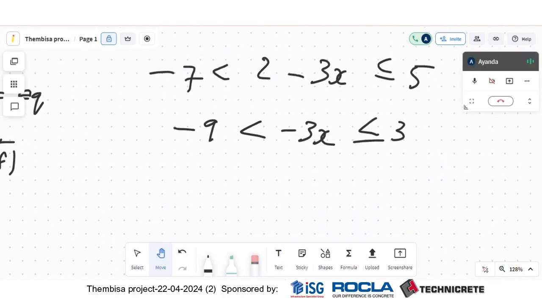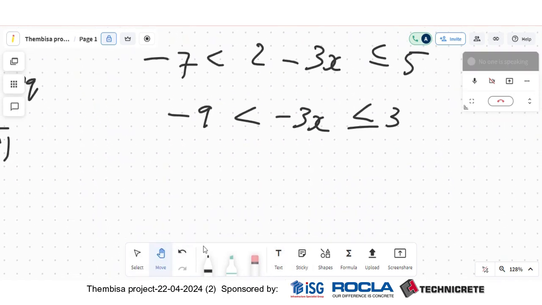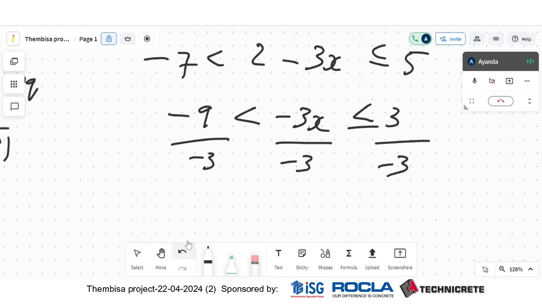And then move up a little bit. We're going to divide both sides by negative 3 to get x alone. So if we divide by negative 3, divide by negative 3, and also the sides by negative 3, the signs are going to change. So we're going to have 3. This is going to be a greater than sign.